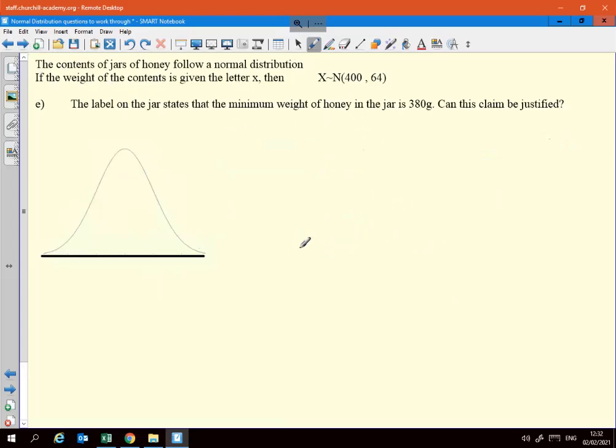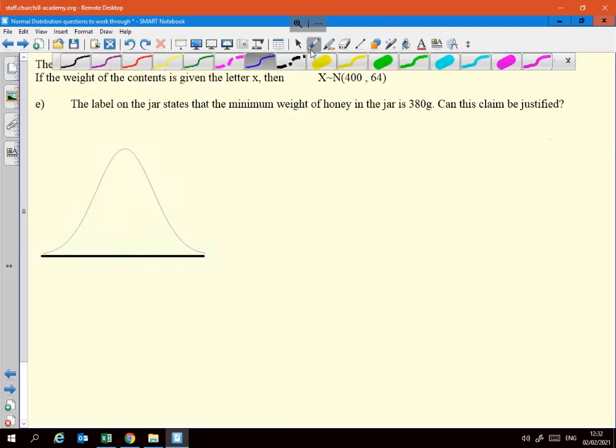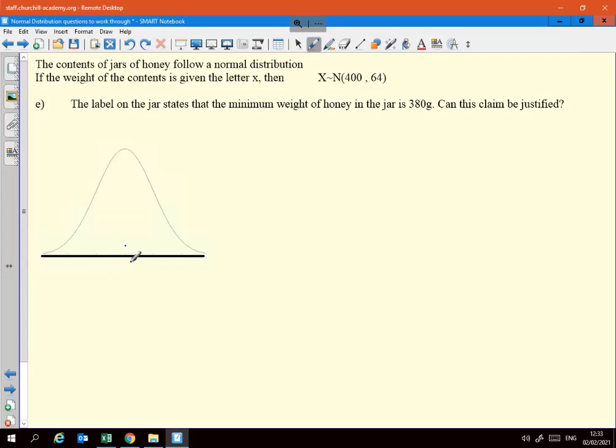All right, and then here is a question where we're asked to justify something. The label on the jar states that the minimum weight of honey in the jar is 380 grams. Can that be justified? Well, let's label some things up again. 380 there, over here somewhere, roughly there, that'll do.